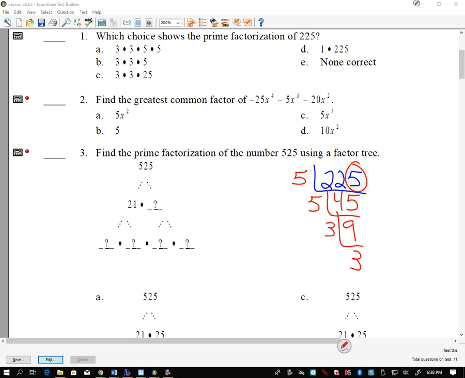So I want to go in order, so I know that's 3 times 3 times 5 times 5. We want to go in ascending order, so from the bottom up. So I should get A as an answer there. Hopefully that makes sense.